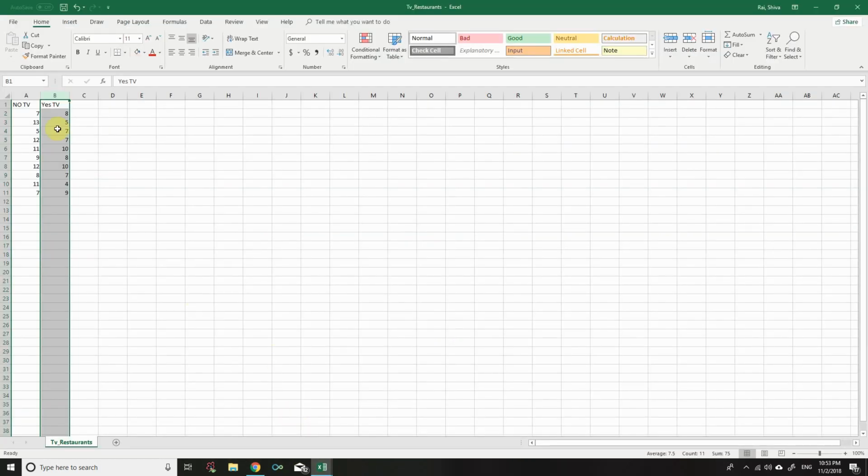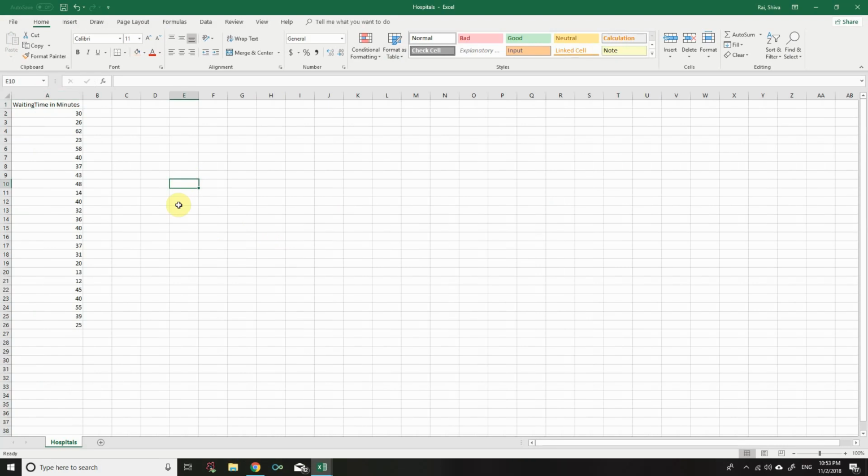Here I have uploaded the hospital's data, and there is just a single column of data, the waiting times for those 25 patients. We can't use a t-test since we do not have a way to come up with two subgroups of this data.